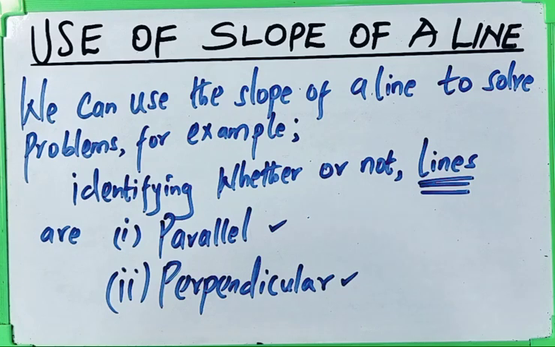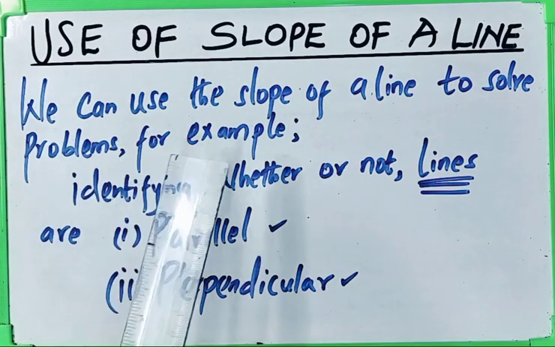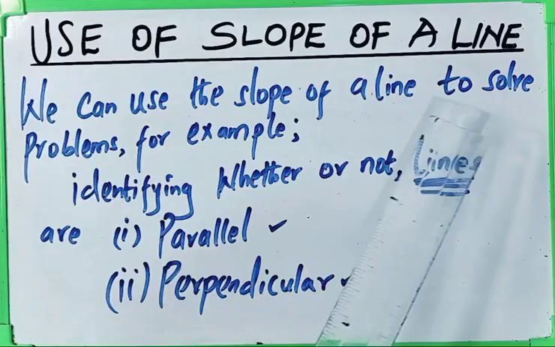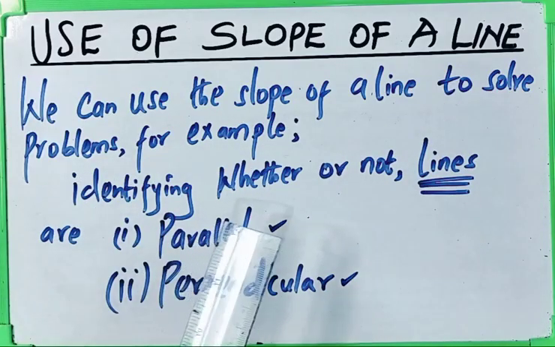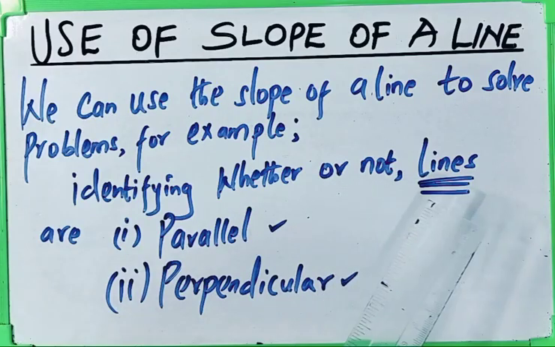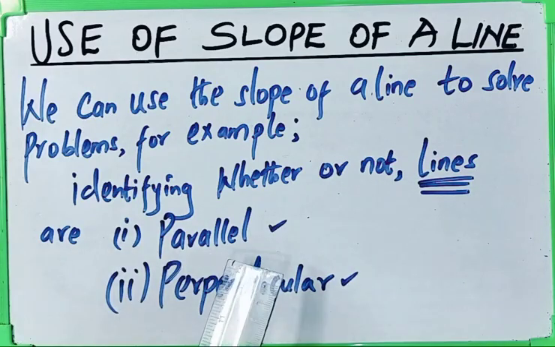Welcome back. Use of slope of a line. Where can we apply or use the slope of a line? We have clearly said that we can use the slope of a line to solve problems, for example, identifying whether or not lines are (1) parallel, (2) perpendicular.